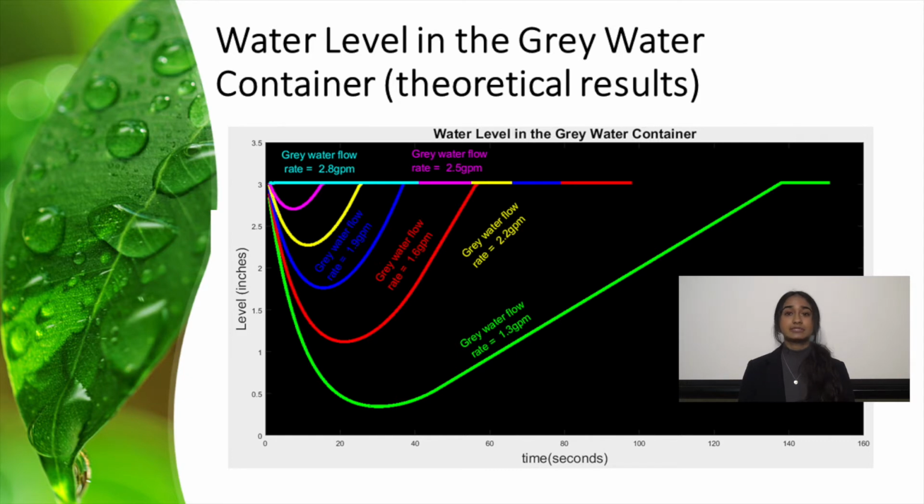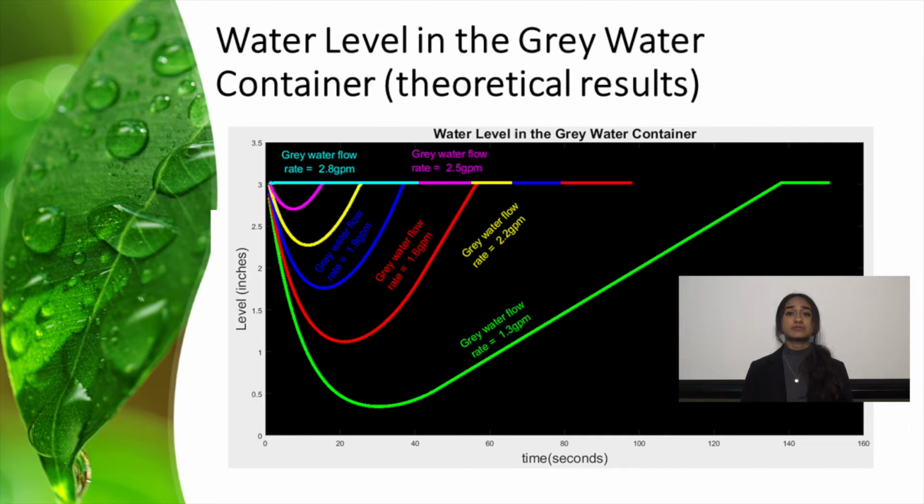This plot shows the height of the water level inside the gray water receiving tank versus the time for various gray water flow rates. After adjusting the float height to a required height of 1.5 inches for the freshwater valve to open, the flow required to avoid opening the freshwater valve is the minimum gray water flow rate.